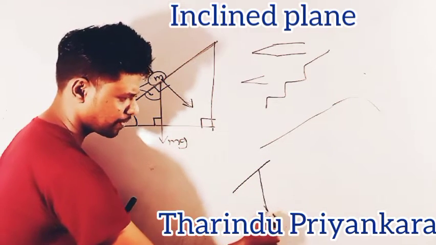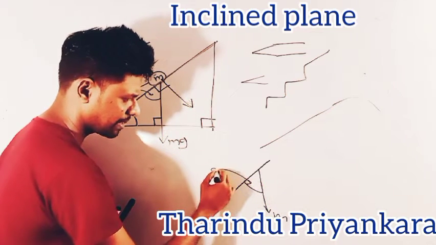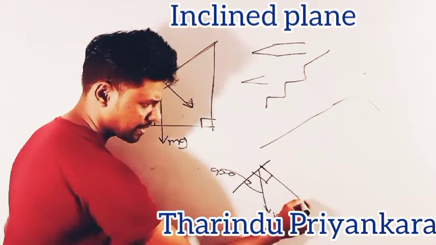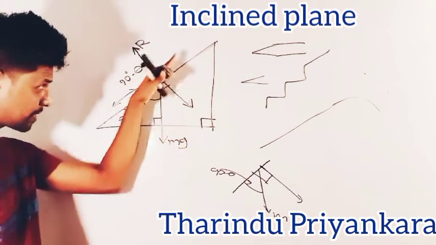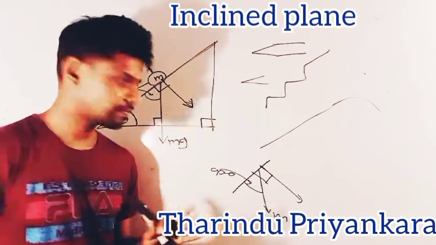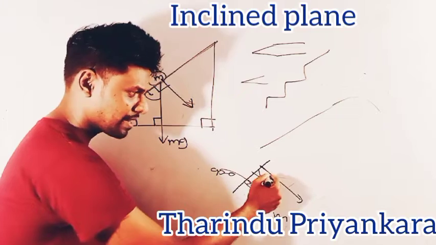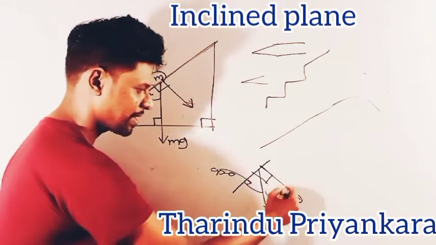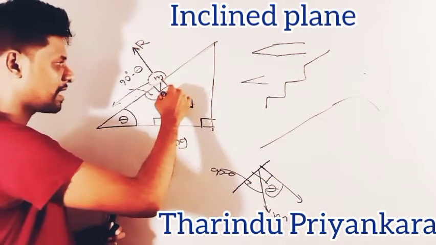This is the downward force of mg, and this angle is already, we know that, 90 minus theta, and the other angle is this one. It creates 90 with the horizontal slope, and if this one is 90 minus theta, the remaining angle should be theta to complete it to 90. So now it is theta.